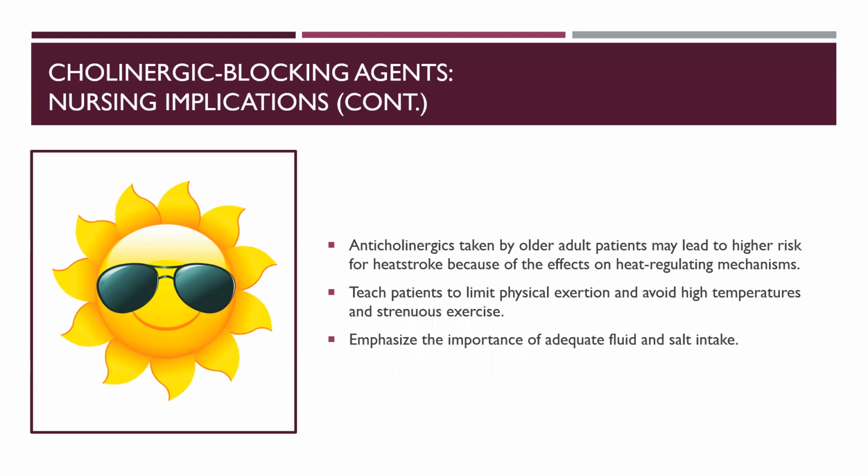So our anticholinergics taken by older adult patients may lead to higher risk for heat strokes. Teach them to limit physical exertion by avoiding high temperatures and strenuous exercise, and that they're taking enough fluid intake and salt intake. Because remember, this is drying them up, so we want to counteract that.